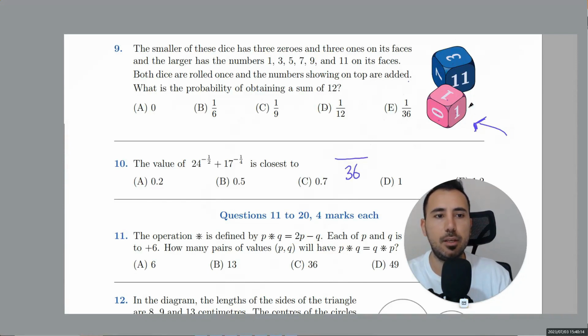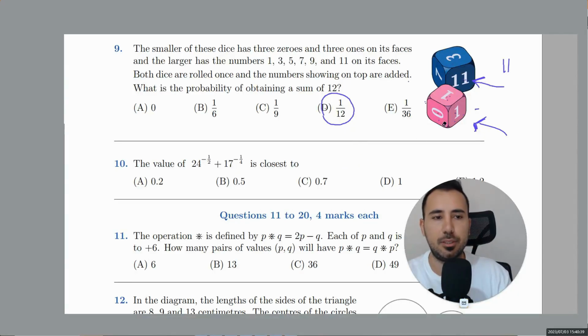But if we go 1 over here, this one has 11. But this 11 has 1 chance of showing up, right? Only 1. But here we have 3. This one, and this one. So it will be 3 over 36. Okay, it would be 1 over 12.